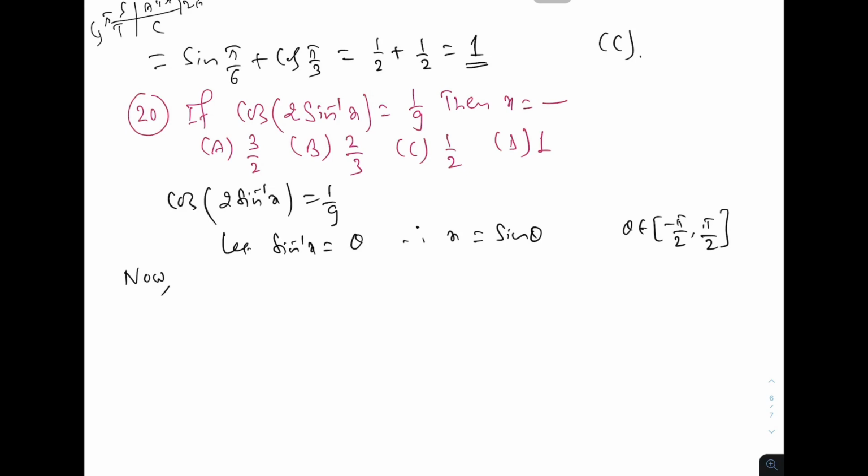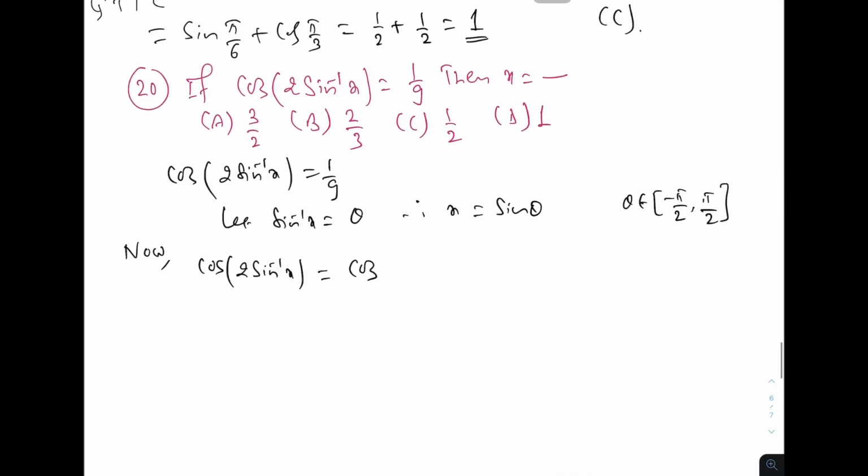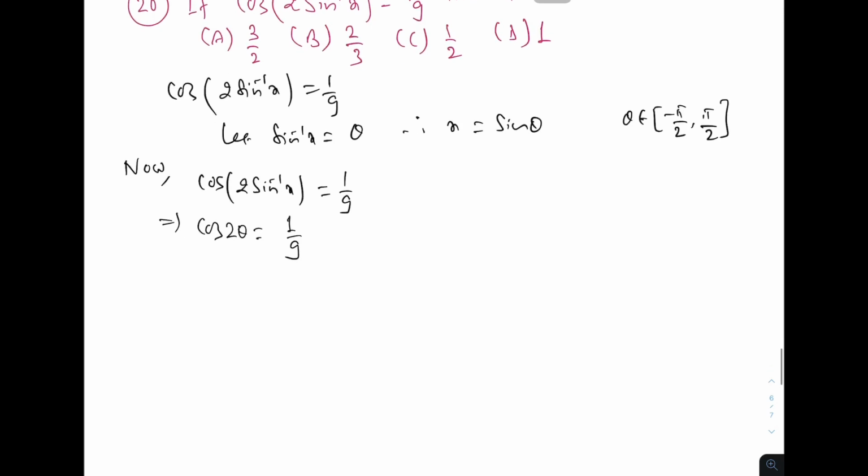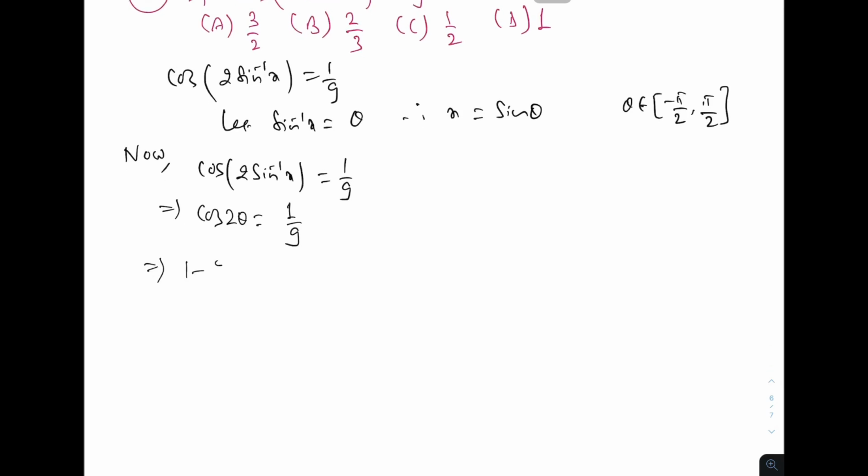Now cosine of 2 sine inverse x equal to 1 by 9 will imply cosine of 2 theta equal to 1 by 9. But by the standard formula, cosine 2 theta is 1 minus 2 sine square theta.